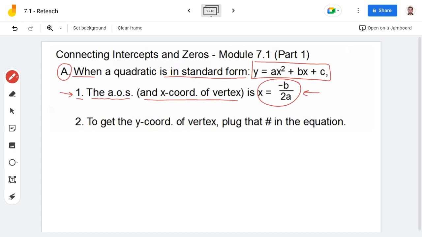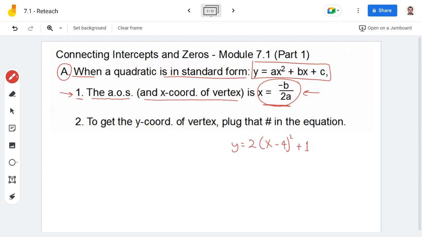So what does this point exactly represent? Just to give you a fast example, let's say we have this function in vertex form, 2(x minus 4) squared plus 1, just example 1.